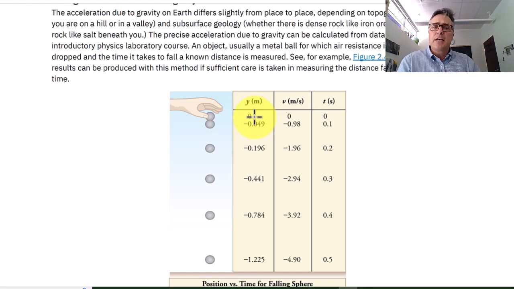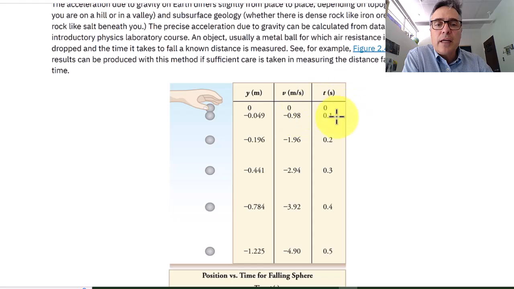So in that case, initial time is 0, initial y is 0, and if it's released from rest, the initial velocity is 0. Then, for every 0.1 seconds, the velocity changes. There's a delta v of negative 0.98, because that's 9.8 meters per second squared times 0.1 seconds.